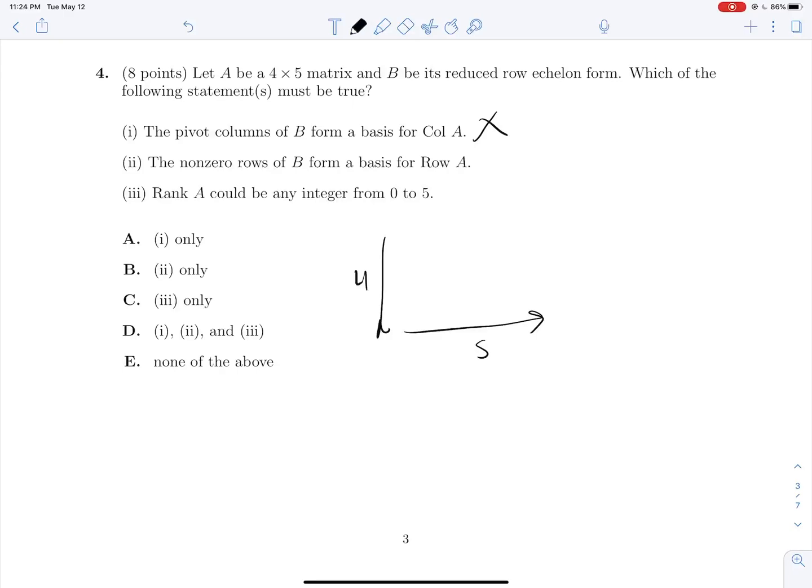What about 2? The non-zero rows of B form a basis for the row space of A. You might be quick to say that this one should be false for the same reason that number 1 is false, that we have to go back to A and correspond the pivot rows of B with the rows of A, which will then form the basis for the row space.